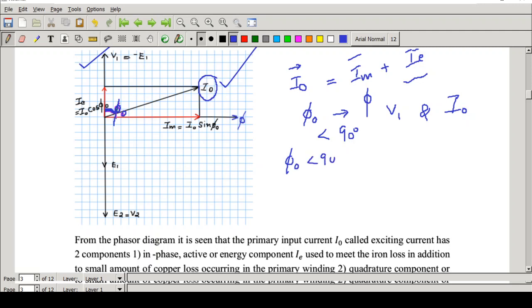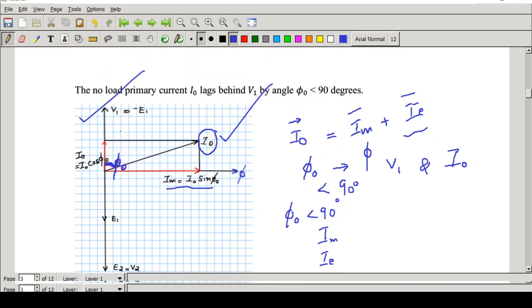Now we can find the components Im and IE in terms of I0 and phi 0. You will get Im equal to I0 sine phi 0, and IE equal to I0 cos phi 0.